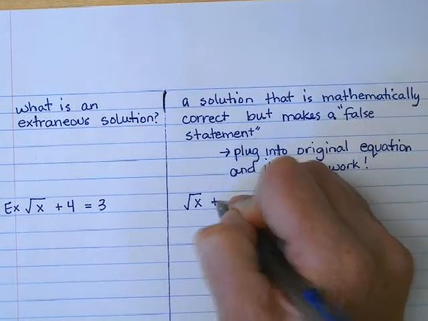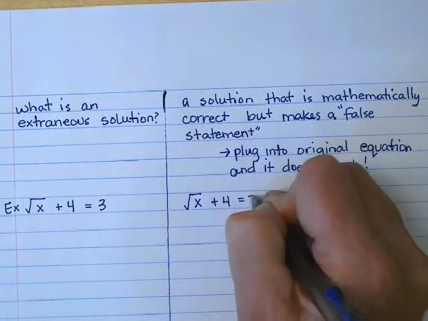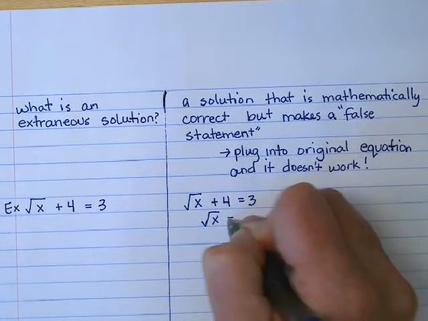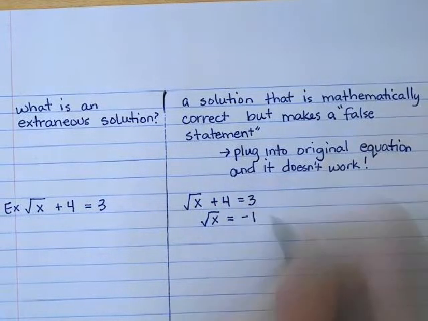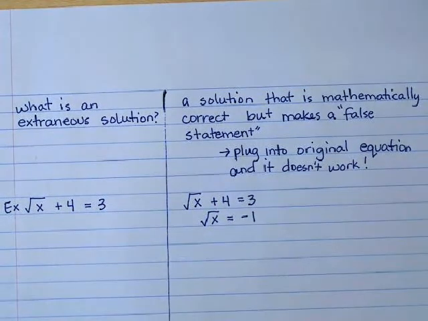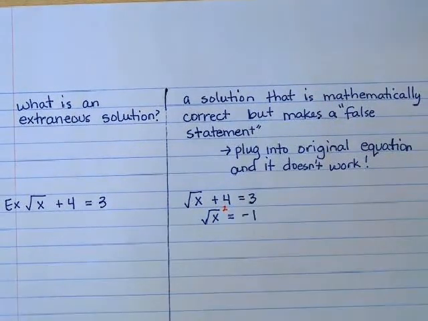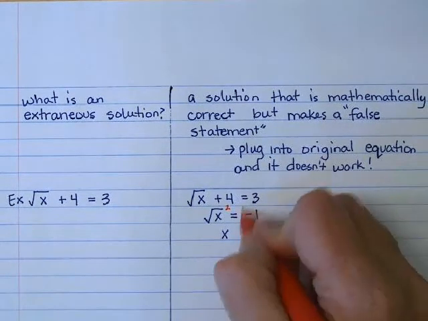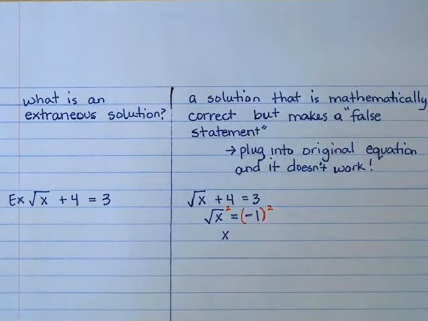Square root of x plus 4. I'm going to subtract 4 from both sides. Okay, so now we've got the square root of x isolated. I'm going to square both sides. So the square root of x squared is x. Negative 1 squared is 1.